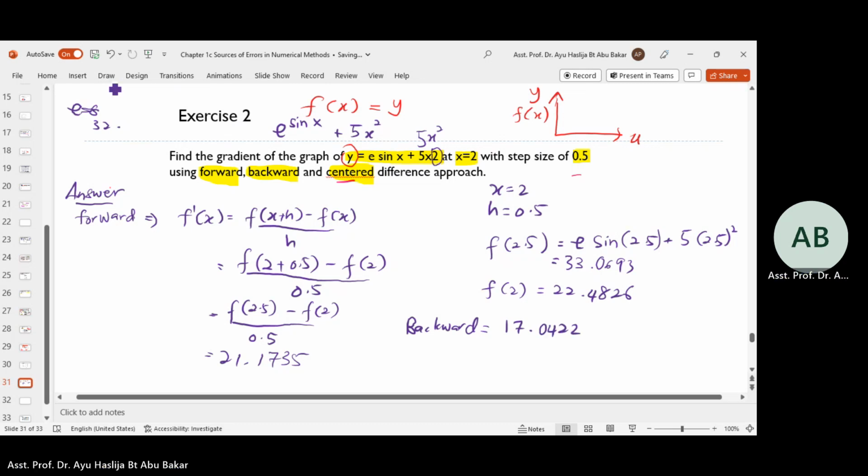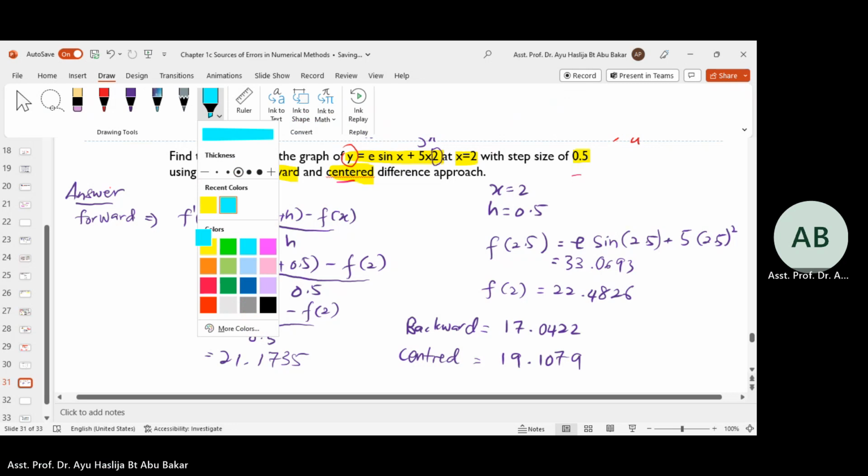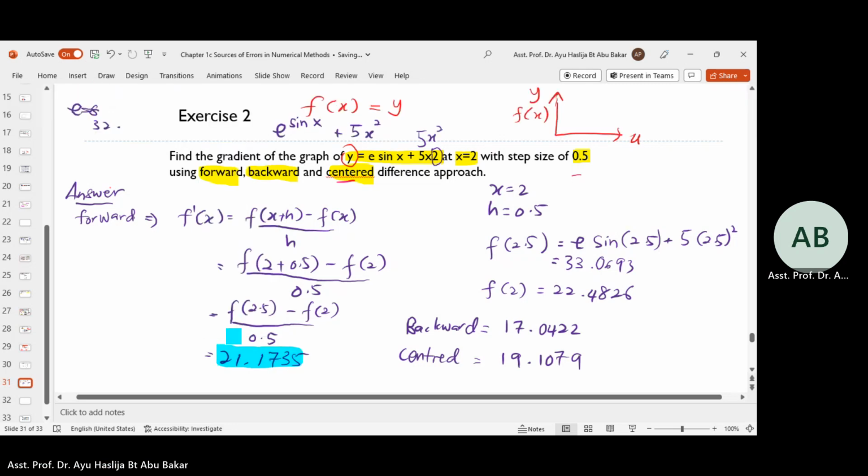This one, centered: 19.1079. For backward, that is acceptable.